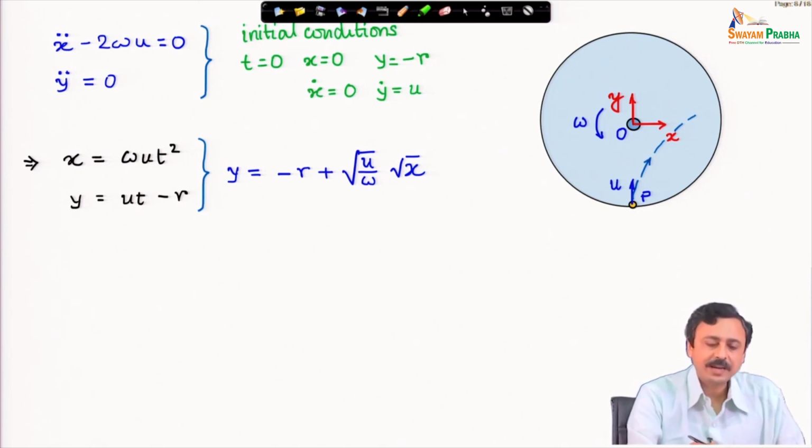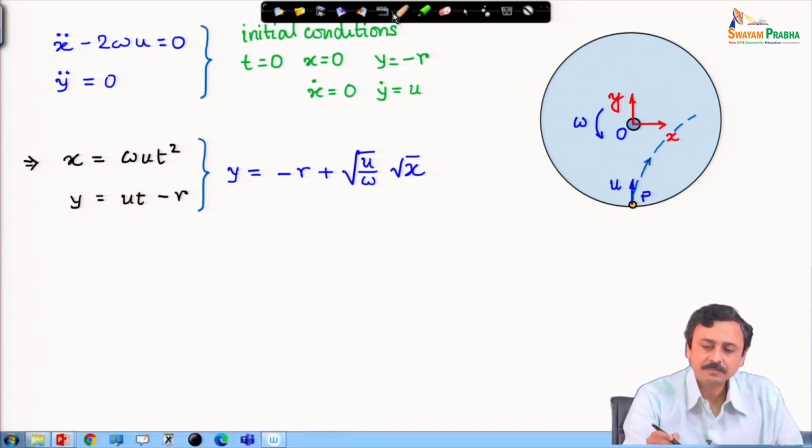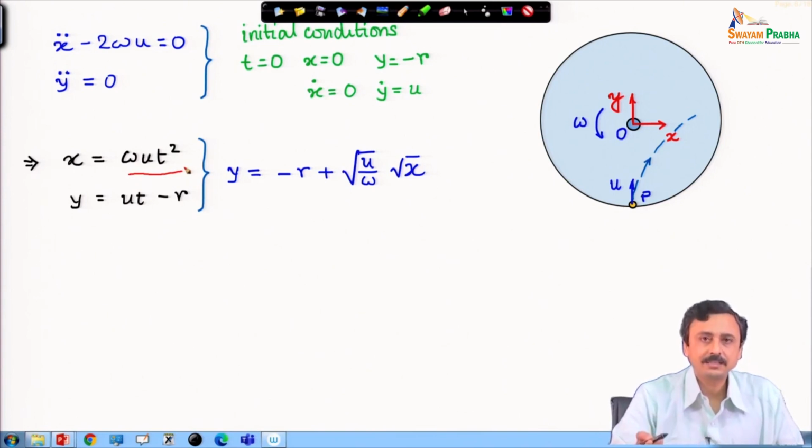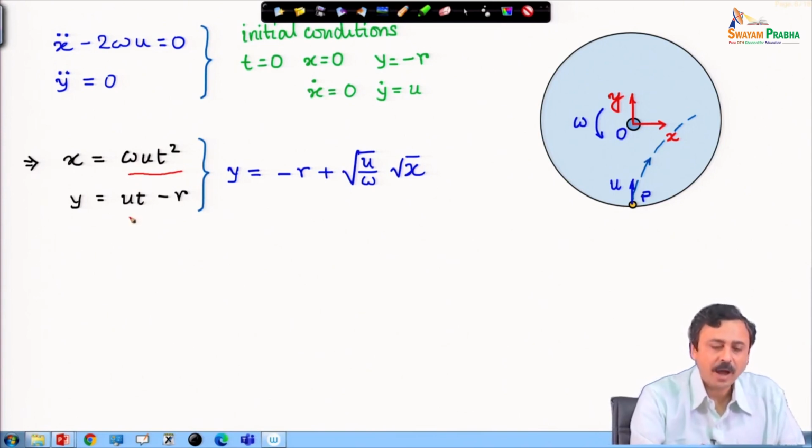You should first notice that as time progresses, x increases and y initially reduces, because it starts from minus r, or rather it increases in a way.